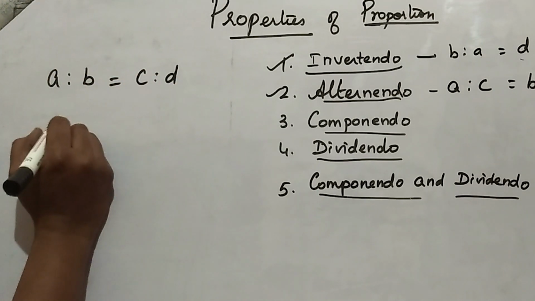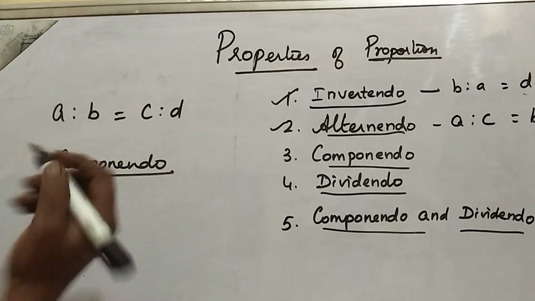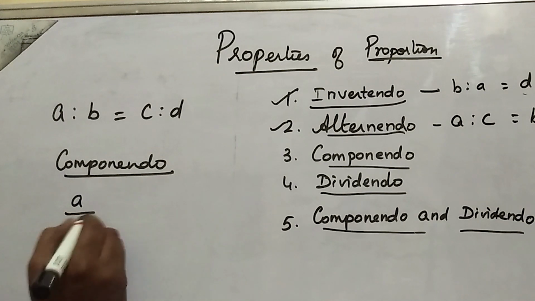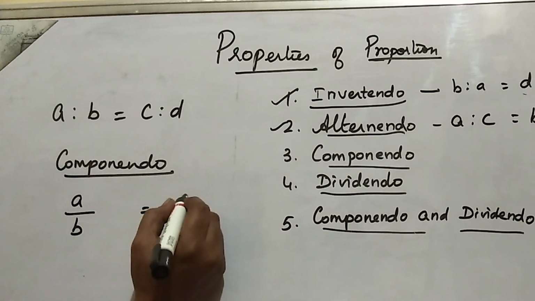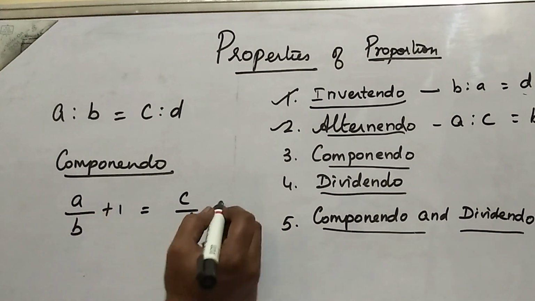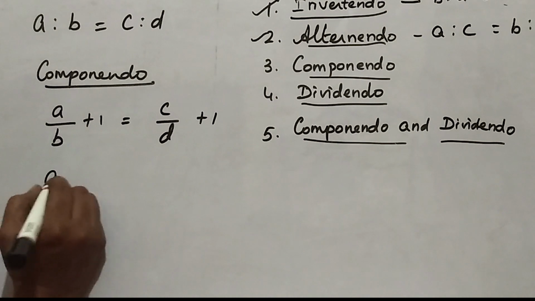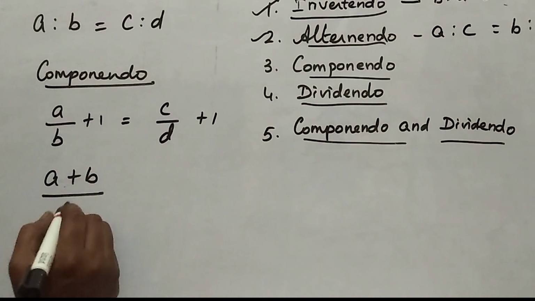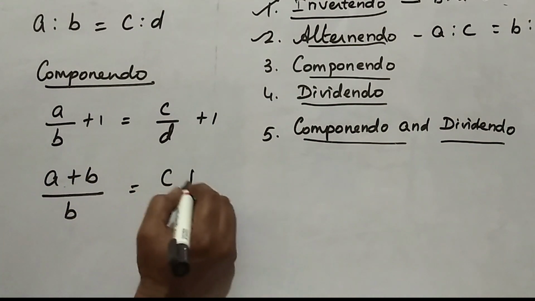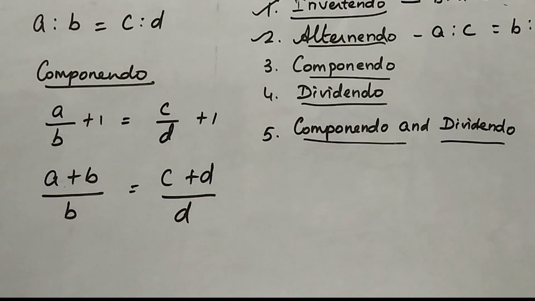Okay. Now componendo. A upon B is equal to C upon D. Isn't it? Add 1 to both the sides. So A plus B upon B is equal to C plus D upon D. This is the componendo. What is componendo?